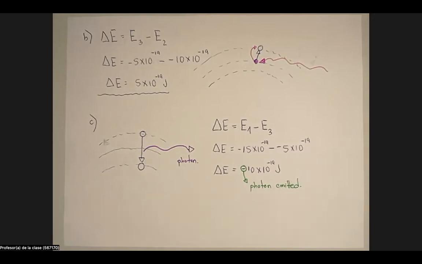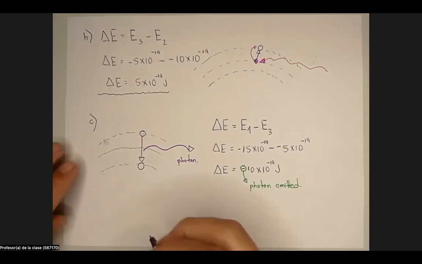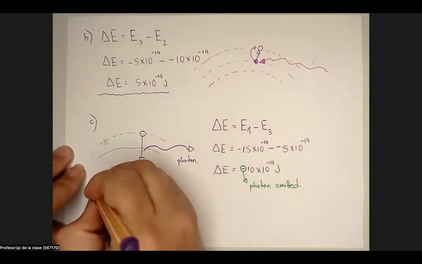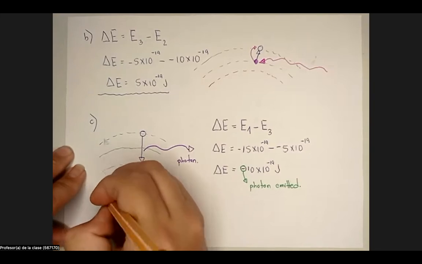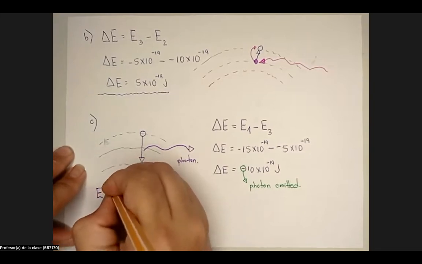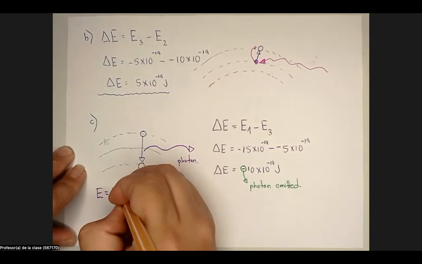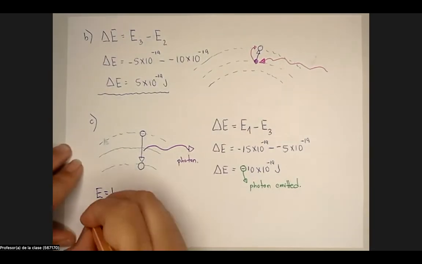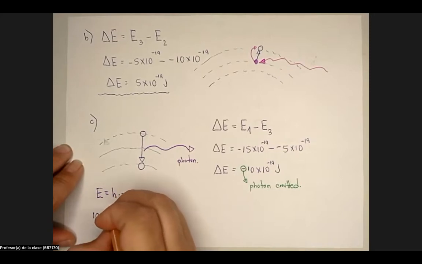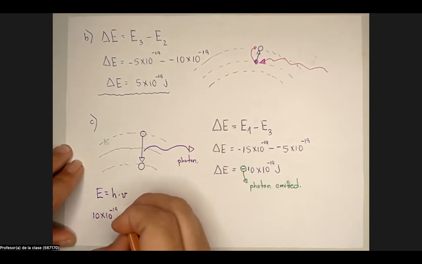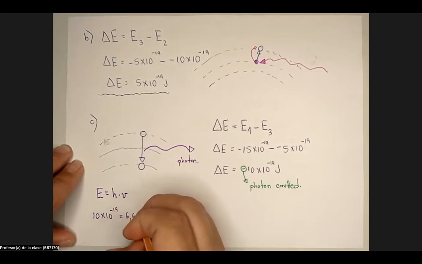Now, if we want to calculate the frequency of this photon, the energy will be Planck's constant times the frequency. This energy will be positive. Why is it going to be positive?